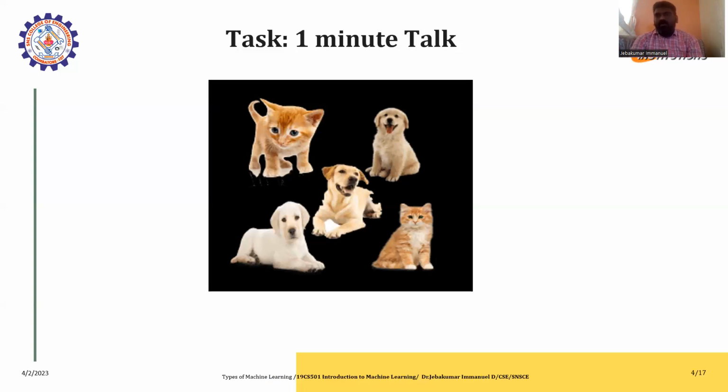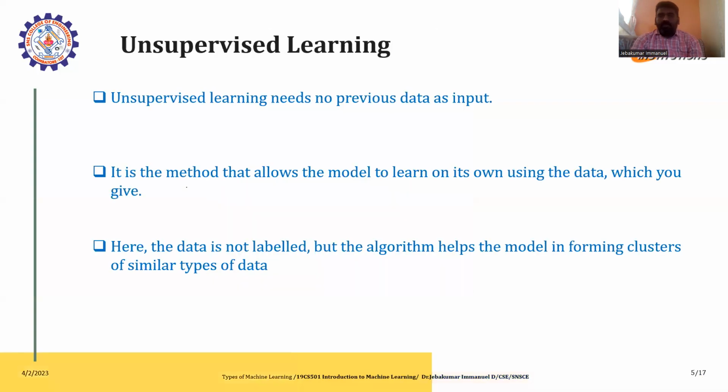But how is a machine going to identify these classifications? This is the major objective of unsupervised learning. The given images or data sets don't have any labels; they are unlabeled data sets. How is the machine going to identify them? This is the task.